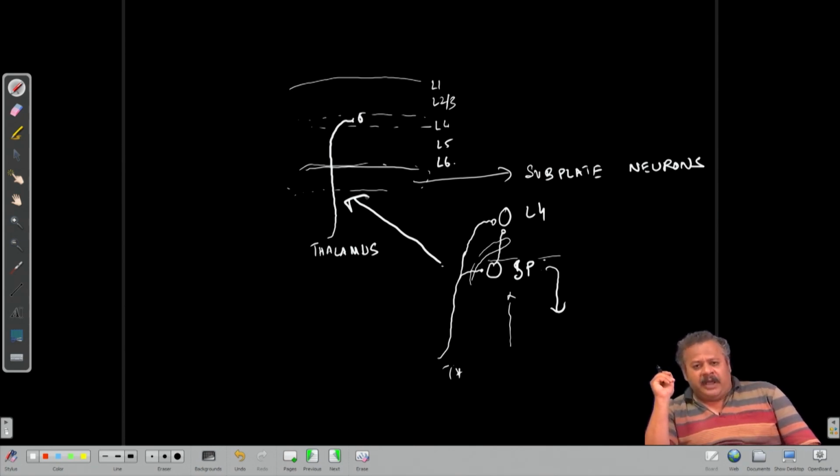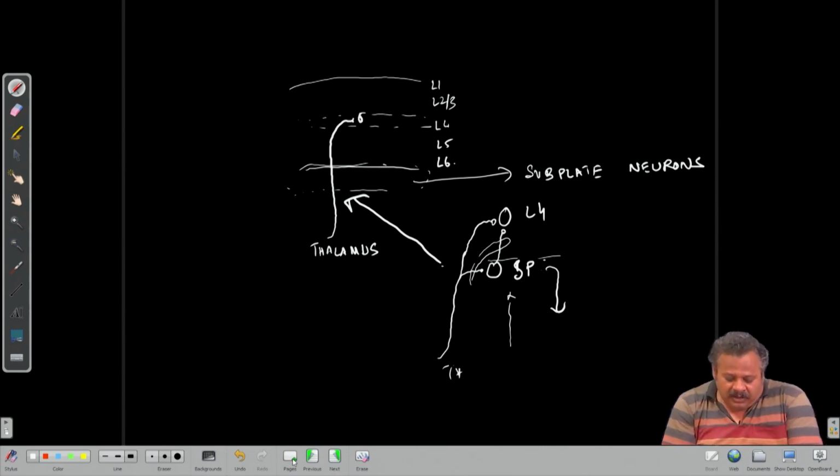That is, manipulations of the environment in which the animal is growing cause profound changes in the circuitry and behavior that last lifelong, but the same kind of environmental changes after the critical period do not induce such permanent changes. So it is thought that the subplate neurons can play a role in this kind of critical period plasticity.